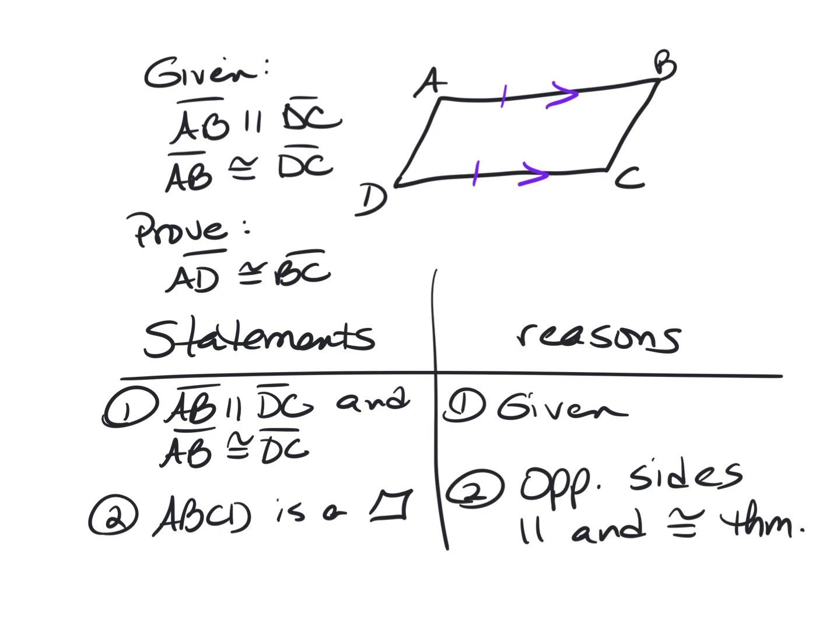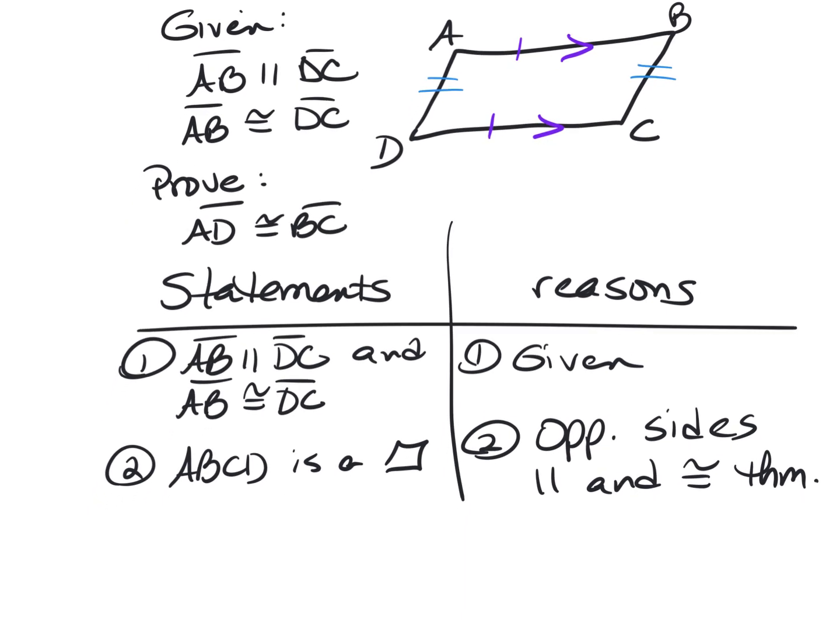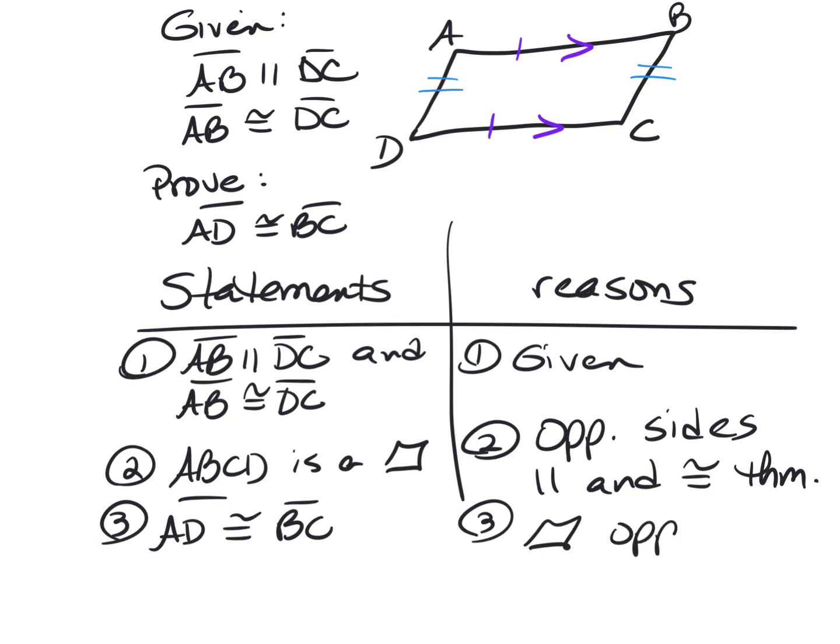Because now that I've established that this is a parallelogram, now I can go back and do any of those theorems we learned from last night's lesson and show that opposite sides are congruent and opposite angles are congruent. And that's what they wanted me to prove. So they wanted me to show that AD is congruent to BC, and that's what I can state now, that AD is congruent to BC by using my parallelogram opposite sides theorem.